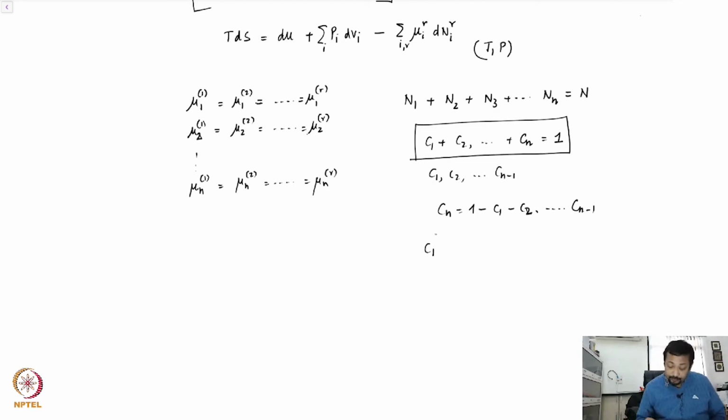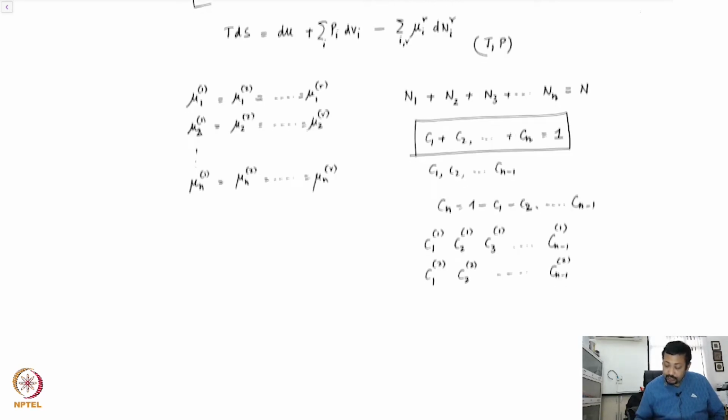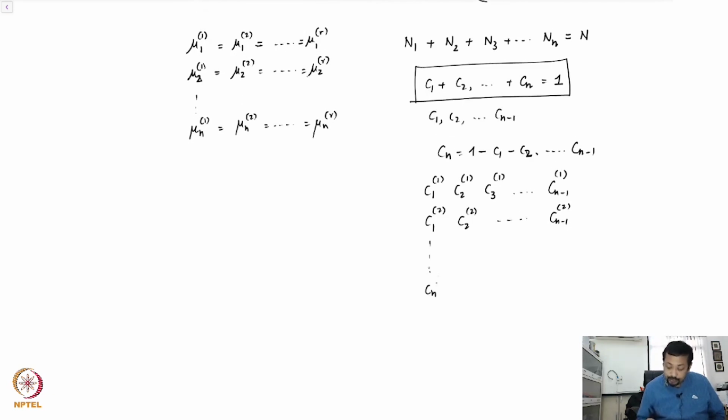You have C1 of 1, C2 of 1, C3 of 1, going up to Cn minus 1 of 1 for phase 1. Then you have C1 of 2, C2 of 2 for phase 2, going all the way up to Cn minus 1 of 2, and you continue down to the rth phase, which is C1 of r, C2 of r, going up to Cn minus 1 of r.